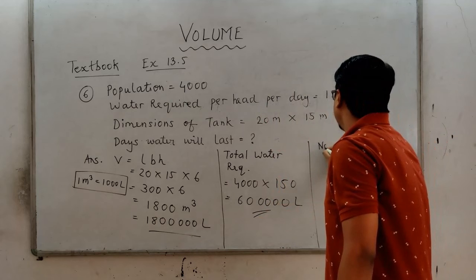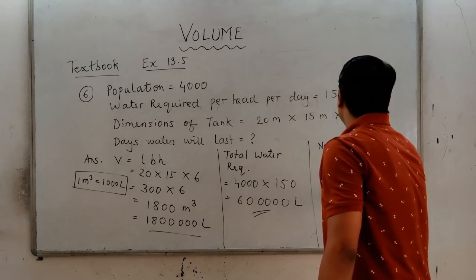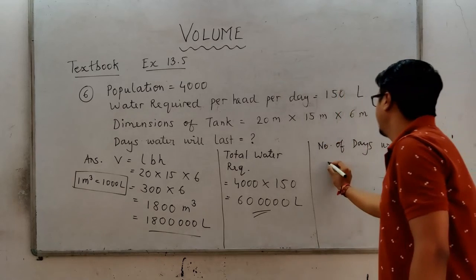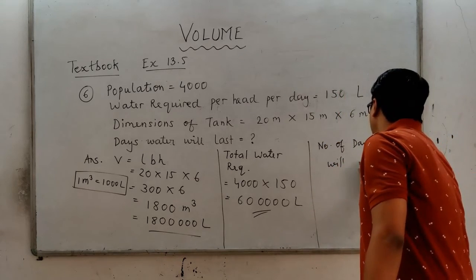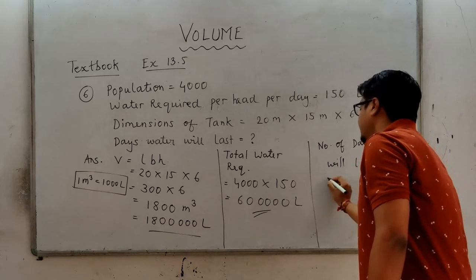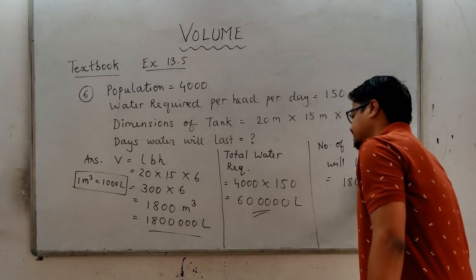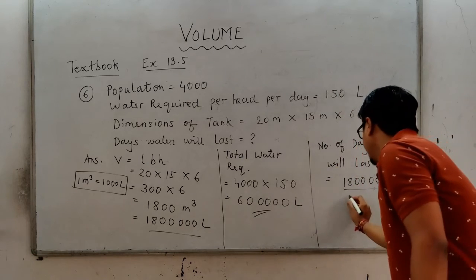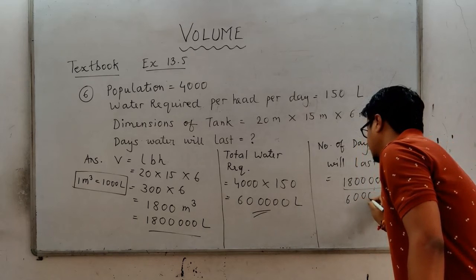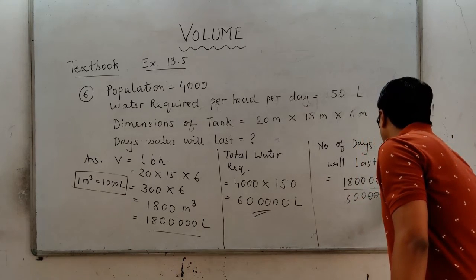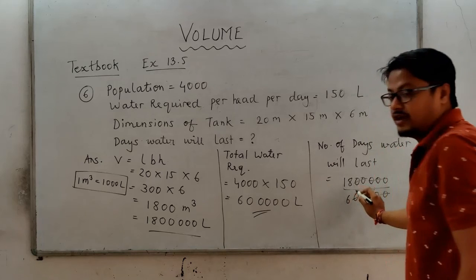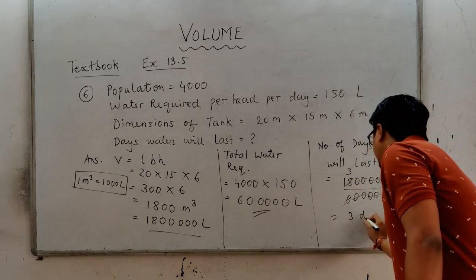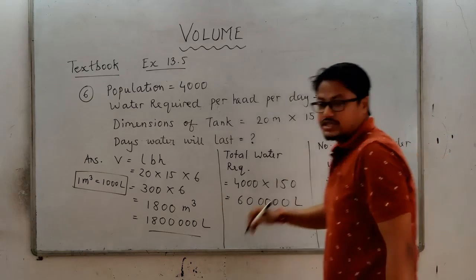So number of days the water will last will be equal to 18 upon total water requirement. Now eliminating these values, we are left with 18 and 6, so we can easily see the number of days the water will last will be 3. So this would be our entire solution.